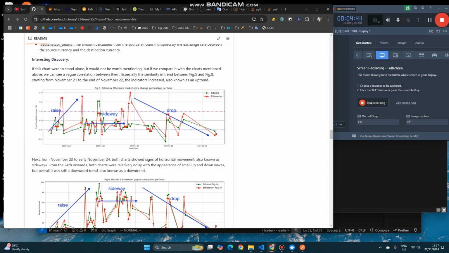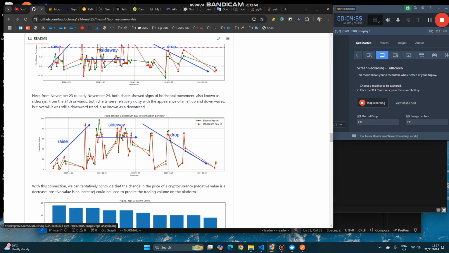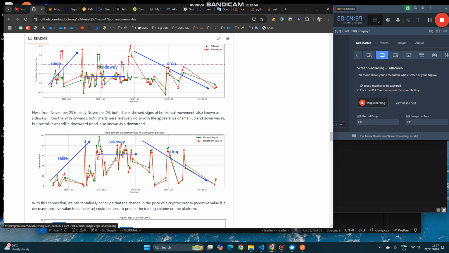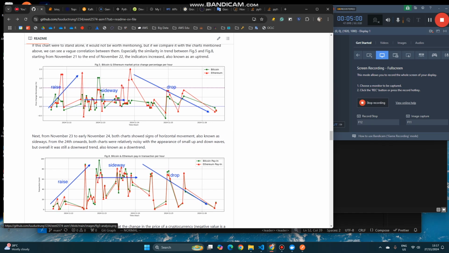So we can see that from the 21st to the middle of the 22nd, we see the percentage is going up, and the number of transaction also going up. And when the percentage of price change goes sideways, the number of transaction also goes sideways. And similar to this behavior, we see it drop. The percentage of price change also drops, and we see the number of transactions also drop.